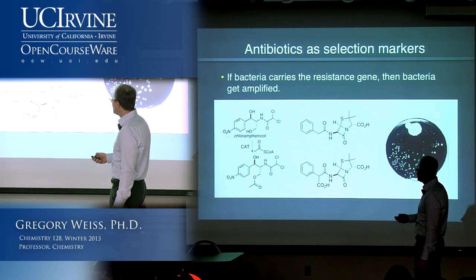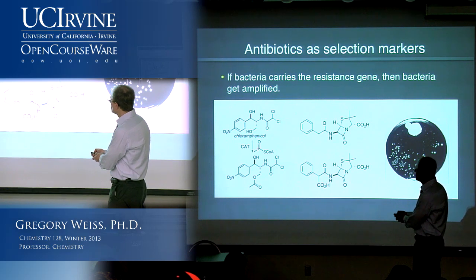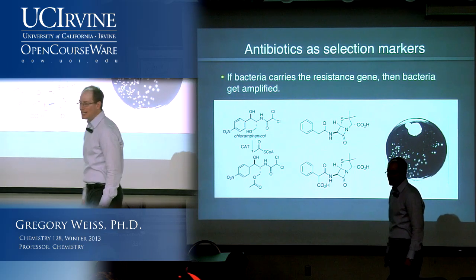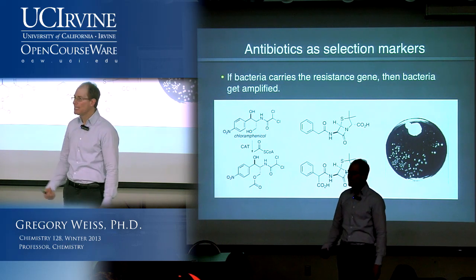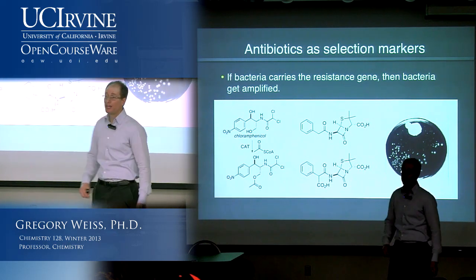And this enzyme transfers an acetyl group to a primary hydroxyl of chloramphenicol. Okay, so here's the acetyl group in acetyl-CoA, and it's going to get transferred to this primary hydroxyl in a reaction that essentially disarms the chloramphenicol, preventing it from binding to the ribosome and allowing the cells on this plate of chloramphenicol to live.